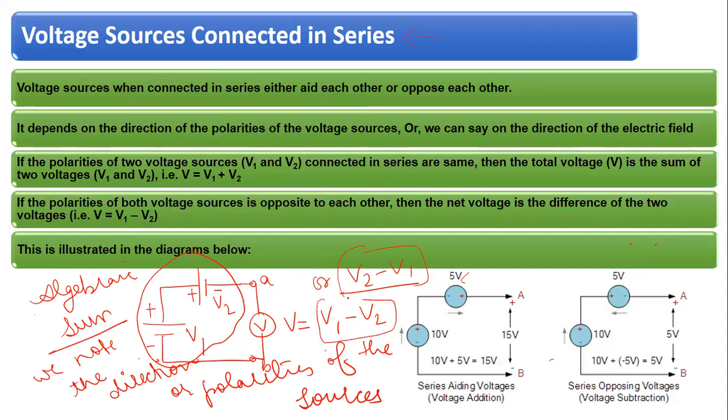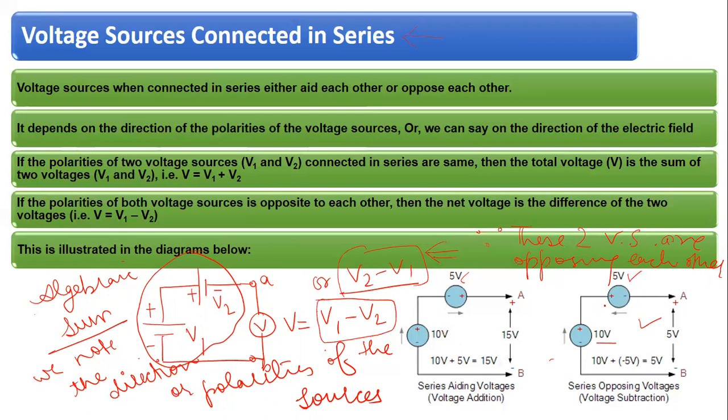Okay, because these two voltage sources are opposing each other, right? They are opposing each other. Like in this example, if you see, one voltage source is of 10 volt, another voltage source is of 5 volt.